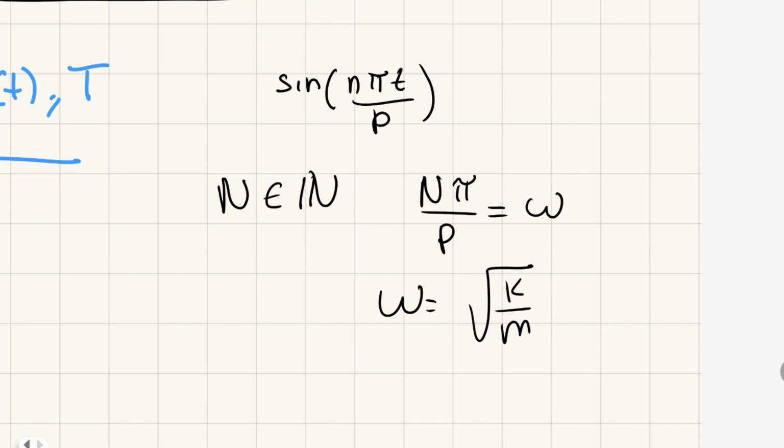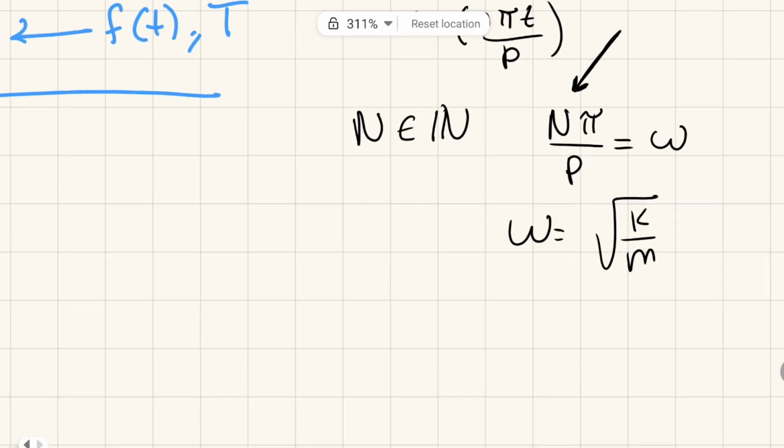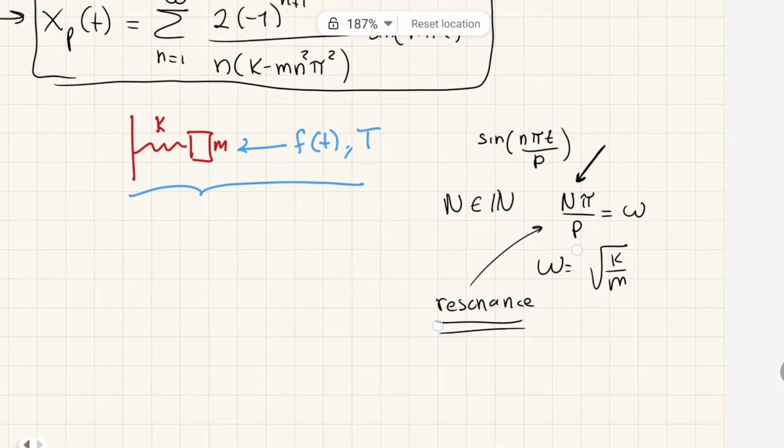If there is an n that satisfies this equation, we can say that at that n we have pure resonance. In this case there exists resonance. Perfect. So this will be the final conclusion of the video.